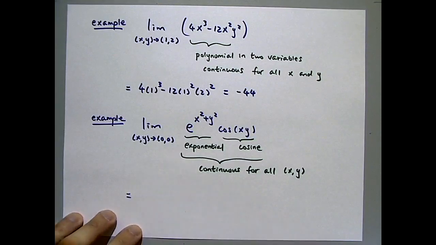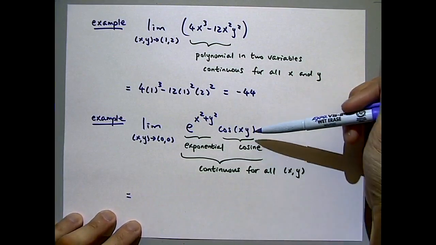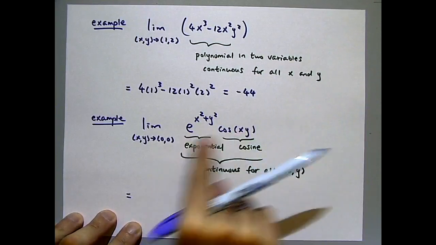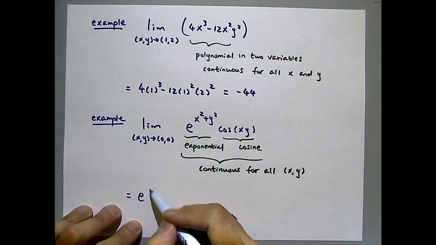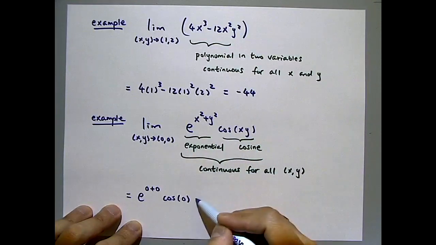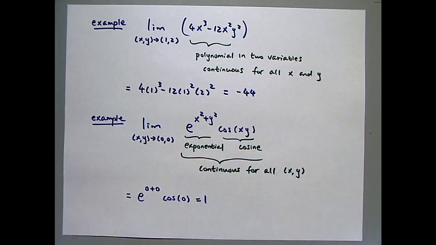So once again, taking advantage of the fact that the function is continuous, to find the limit, we simply substitute in the values. And we get a 1. Okay?